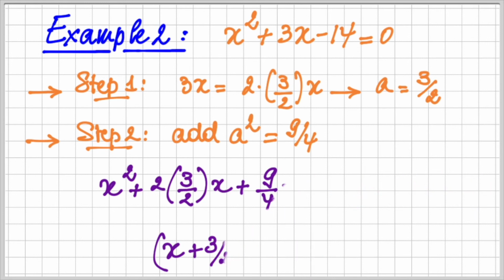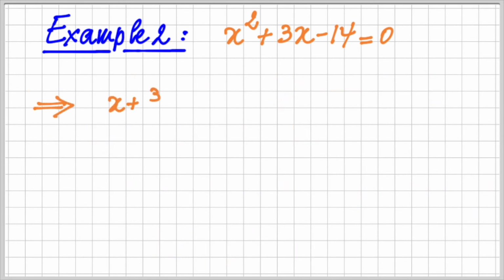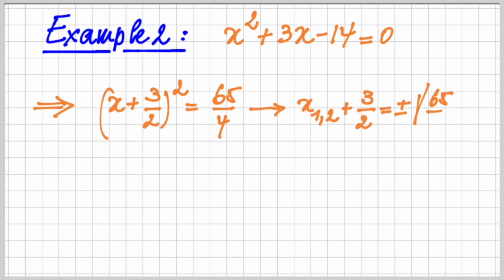Now we can take the root of this expression, and we find that we have in this moment that x1 and x2 plus 3 halves is plus minus the square root of 65 divided by 4.